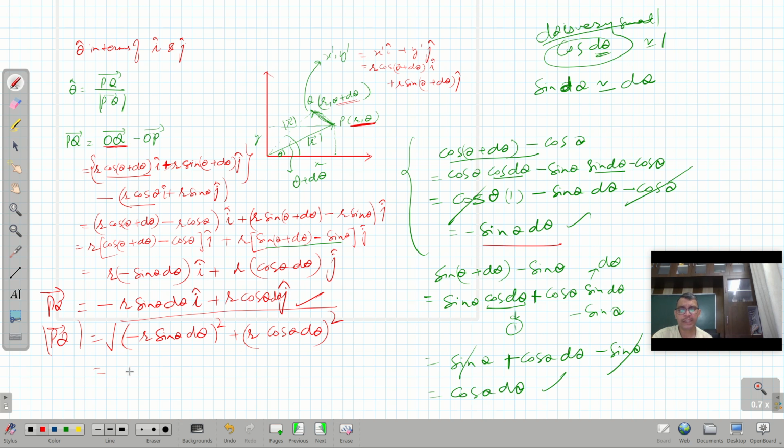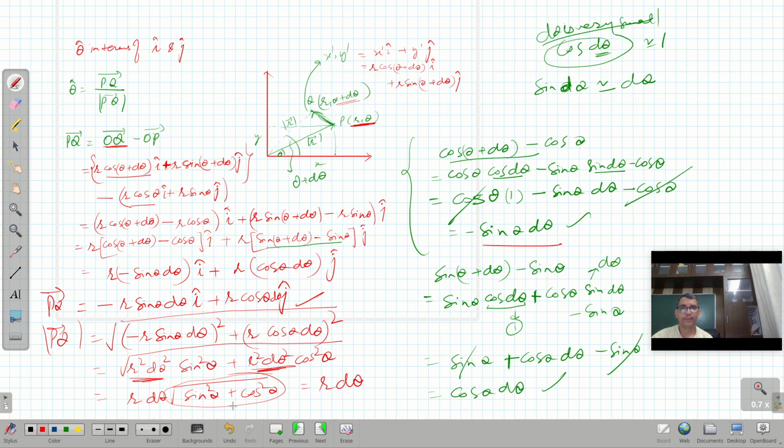So it is r square d theta square sine square theta plus r square d theta square cos square theta, under the square root. Since r square d theta square is common, I can take it out of the square root, so it becomes r d theta outside, and sine square theta plus cos square theta under the root, whose value is 1. So it is r d theta.